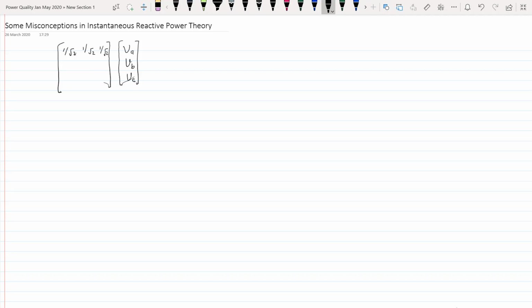This was the 0, 1, minus half, and 0, root 3 by 2, and minus root 3 by 2. This is equal to V0, V alpha, and V beta.